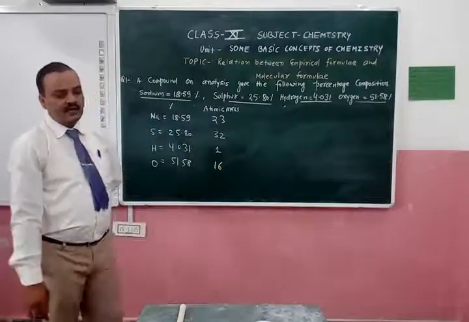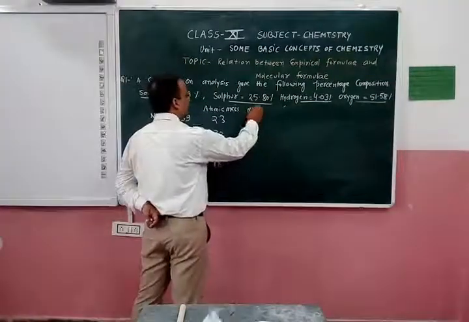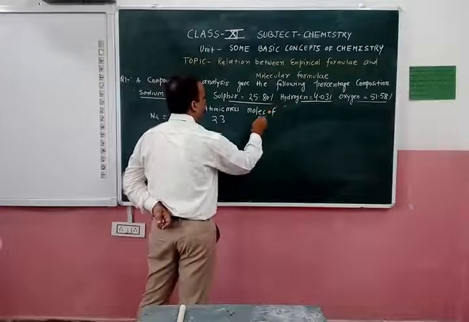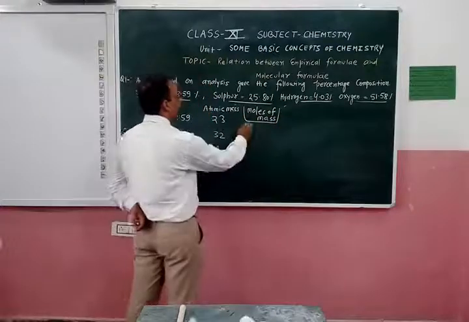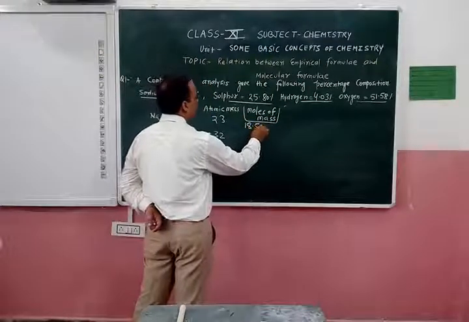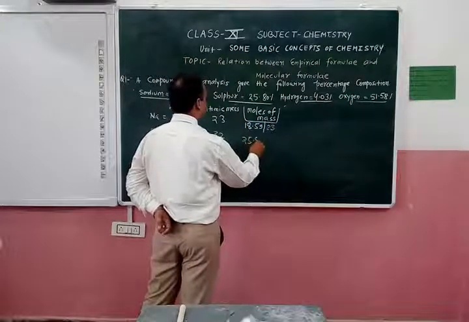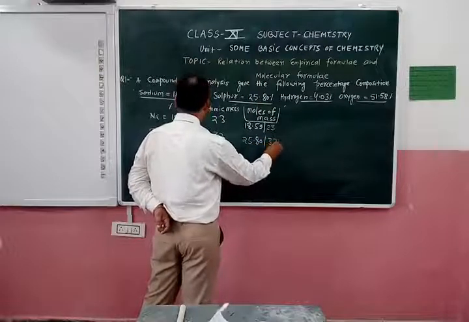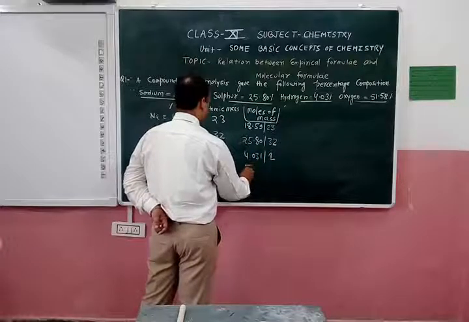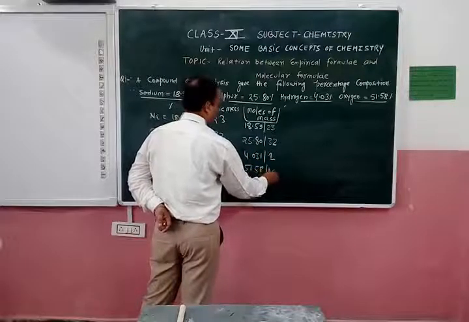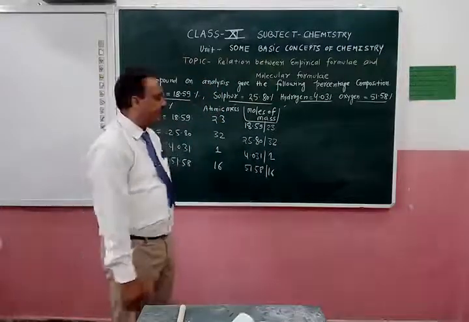After writing the atomic mass, we get the moles. How do we find out these moles? We divide the percentage quantity by their atomic mass, and then we get the different values in this result.